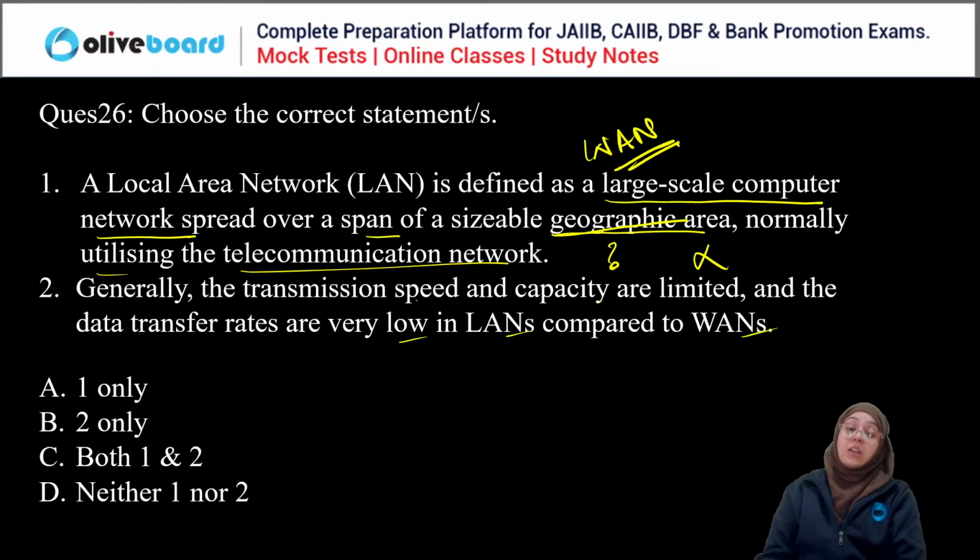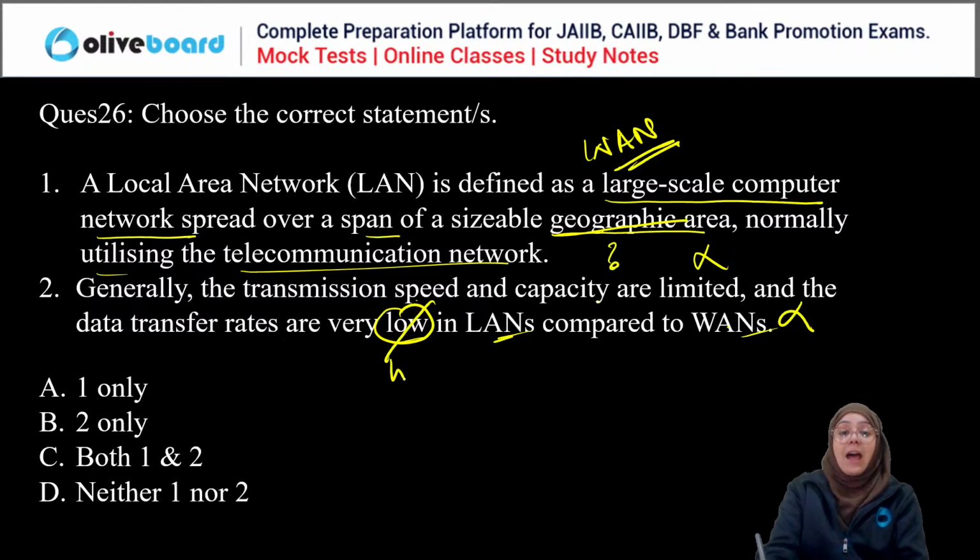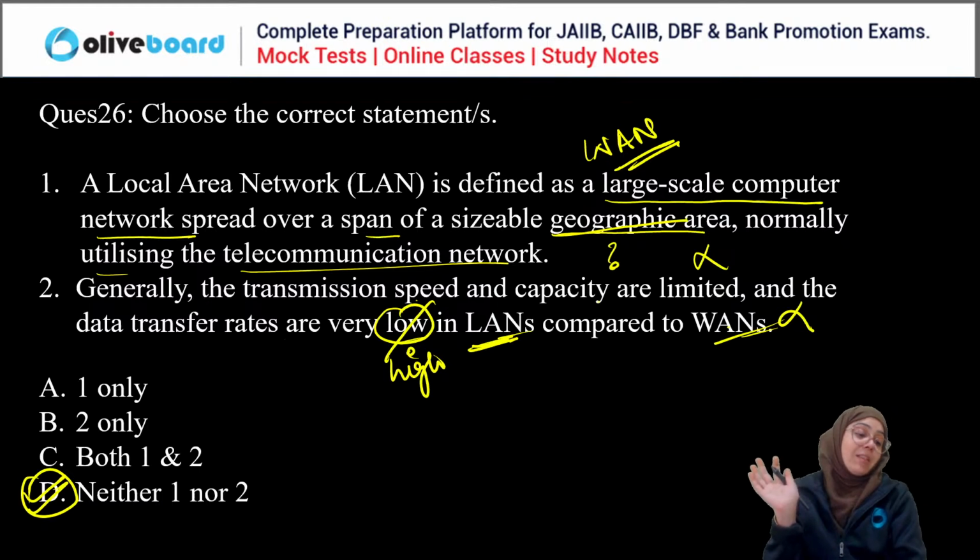Second, generally the transmission speed and capacity are limited, and the data transfer rates are low in the LAN if we compare it to WAN. False. These are high in the LAN if we compare it to WAN, right? So neither one nor two is the correct statement. None of you has given me the correct answer. D is the correct answer.